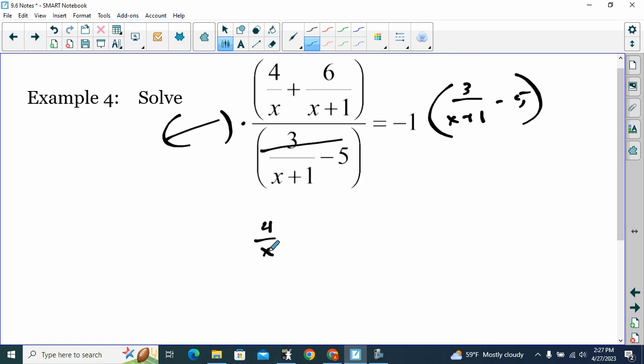That gives us 4 over x plus 6 over x plus 1 equals, distribute this negative 1. So negative 3 over x plus 1 plus 5. And now it looks a lot like the ones we've done today. The least common multiple, I've got x plus 1 in my denominators. My LCM should be x times x plus 1.